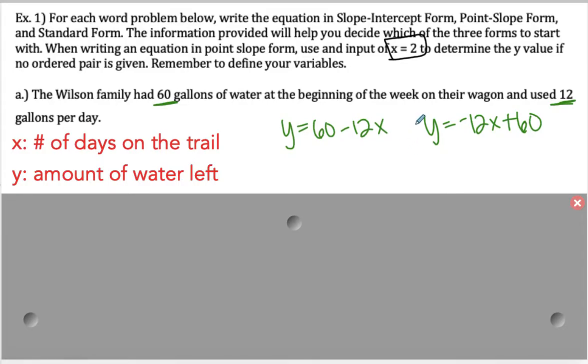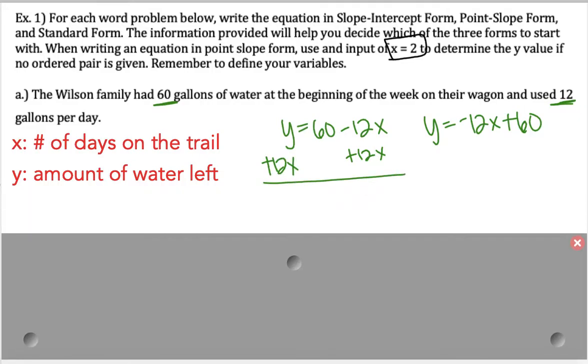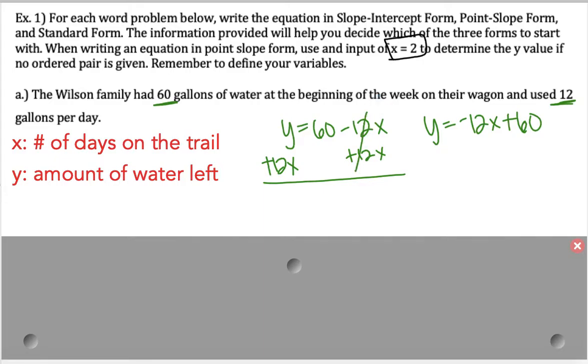To write an equation in standard form, we need the x, the slope here, on the other side of the equal sign with the y. So we can simply add 12x over to the other side of the equal sign. When we do that, these cancel here.